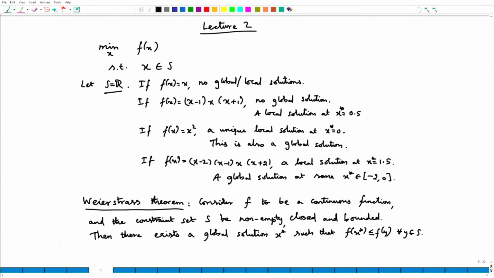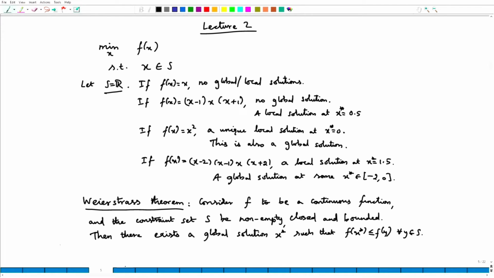Since boundedness is violated, we have examples with no global solution. This gives a sufficient condition for the optimization problem to admit a global solution.